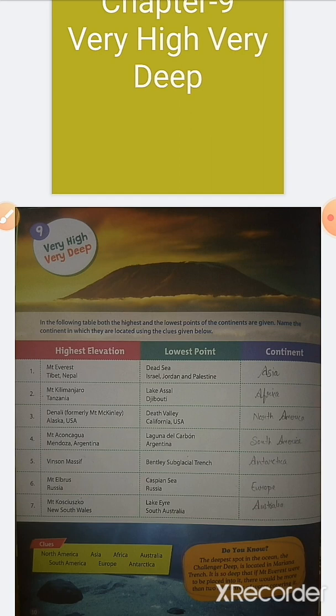So, Vinson Massif is the highest elevation of Antarctica continent, and Bentley subglacial trench is the lowest point for Antarctica continent.